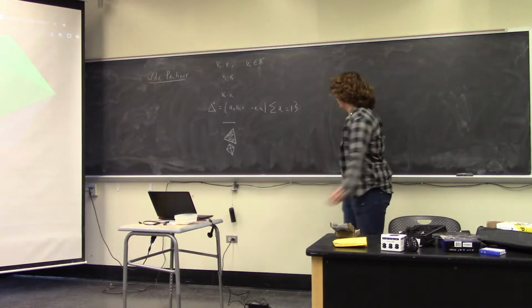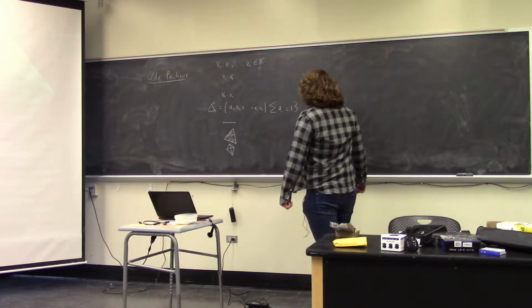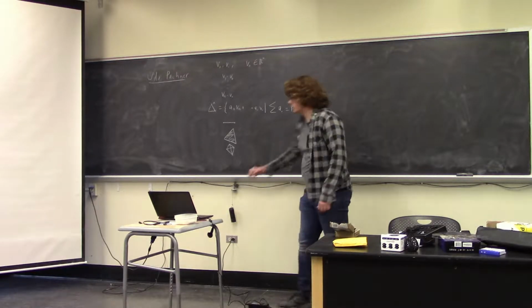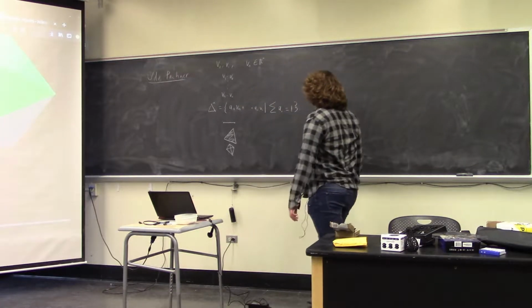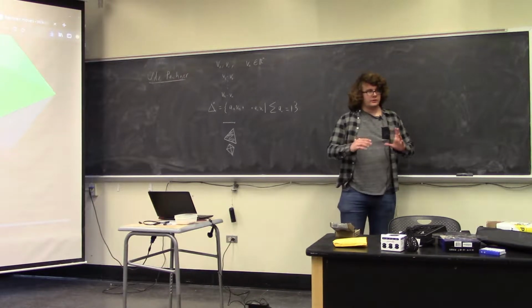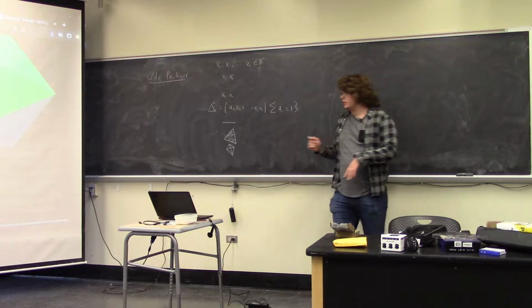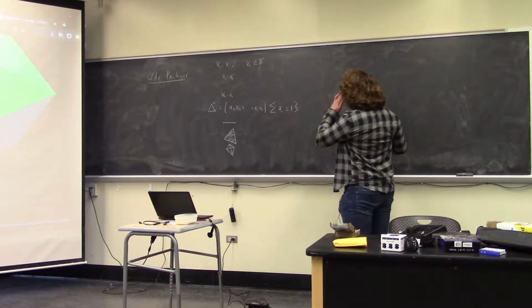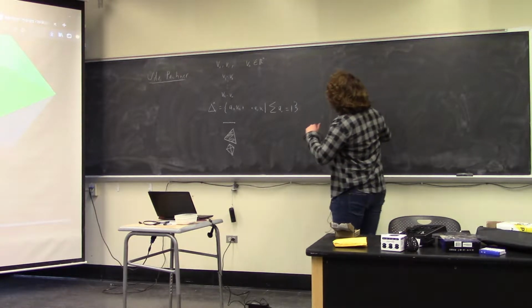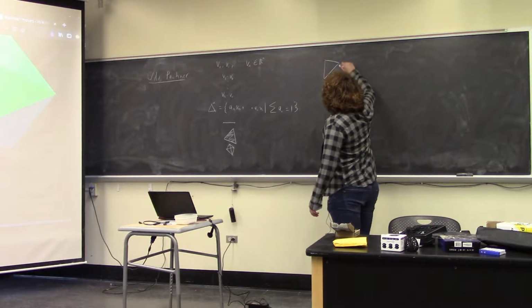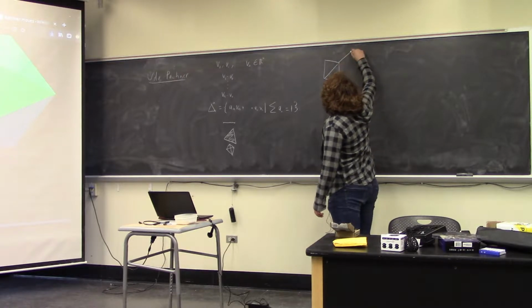No? Okay, excellent. So a simplicial complex is just you take some number of these simplices and you glue them together so that the intersection of any of the simplices is also a simplex. So for example, let's just take 2 triangles and a line segment over here.